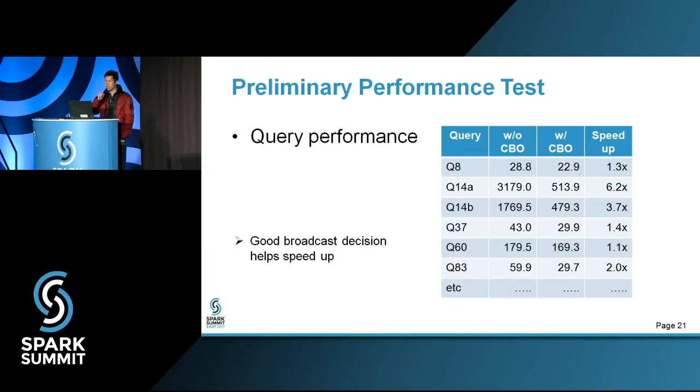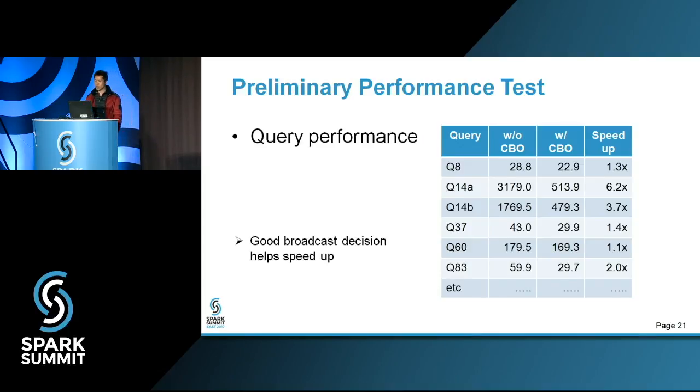And here I want to share with you some query performance results with broadcast decision. We run a subset of queries and list some queries with good performance improvement. And we also list the query response time with or without CBO.